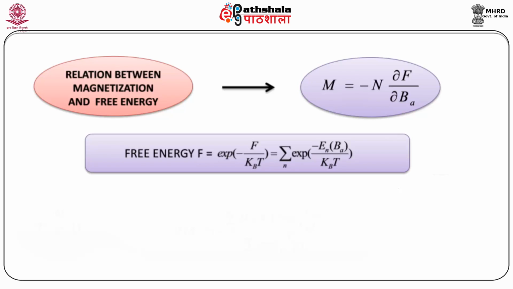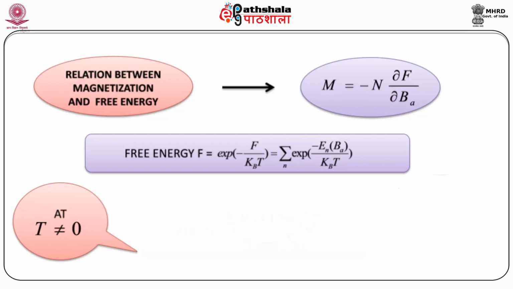The free energy is defined by exponential of minus F divided by kBT, which you can rewrite as the sum over n of exponential of minus En as a function of Ba divided by kBT. So what do we gain by this?